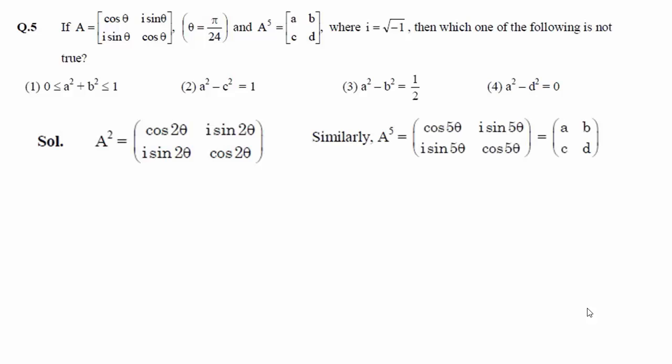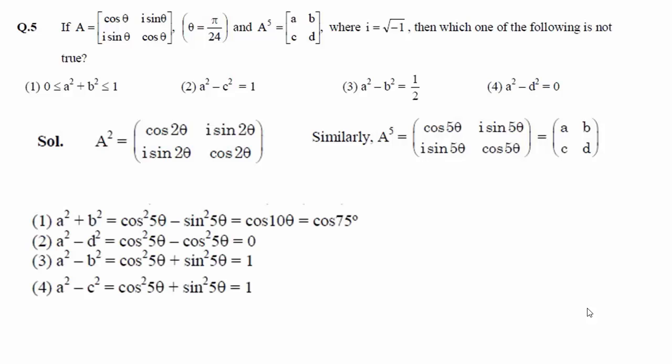Similarly, if you take the fifth power, A raised to 5 equals [cos 5 theta, i sin 5 theta; i sin 5 theta, cos 5 theta], which equals the matrix [a, b; c, d]. This implies that a equals cos 5 theta, b equals i sin 5 theta, c equals i sin 5 theta, and d equals cos 5 theta.